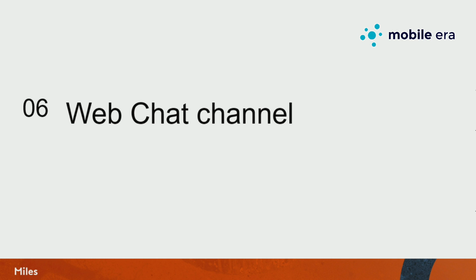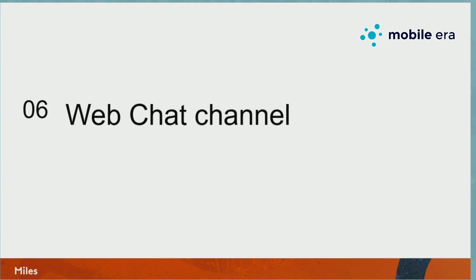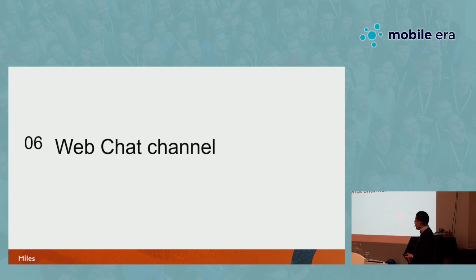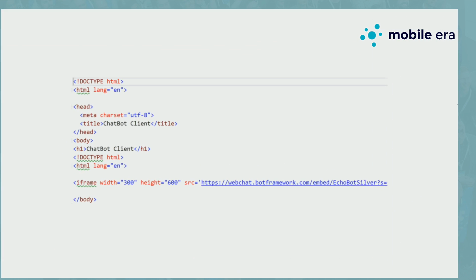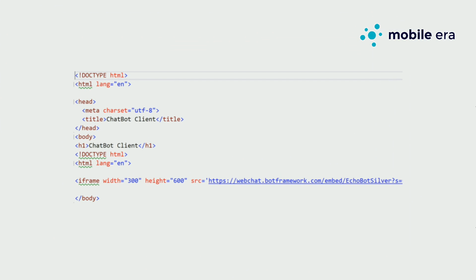So now let's have a look at this web chat channel. As I said, you will get some template code that you can use. Basically it's just an iframe that you can put anywhere on your web page with a link to this bot. And then you also have a key, which is outside of the print screen on this slide.